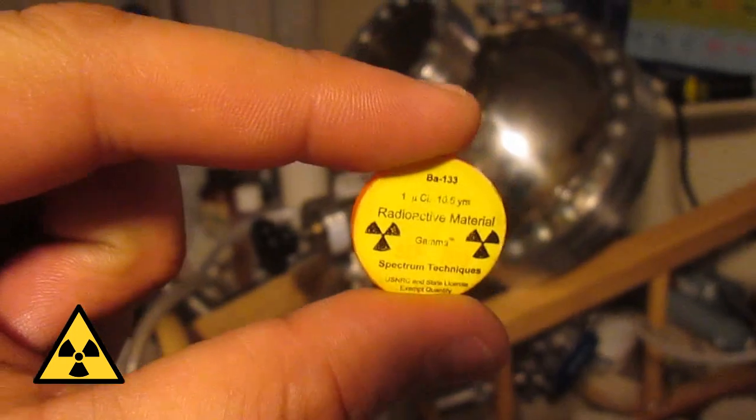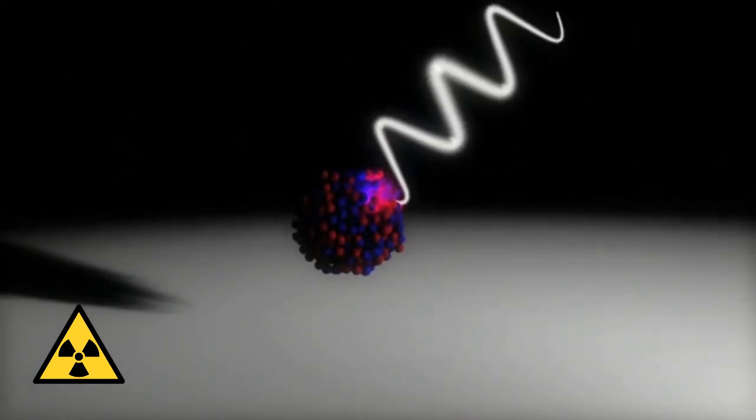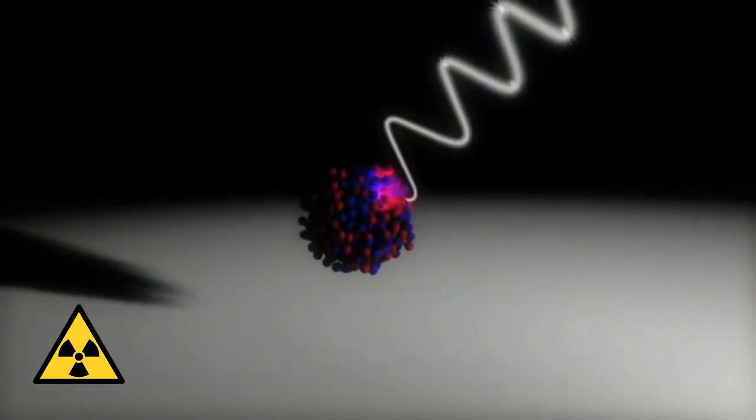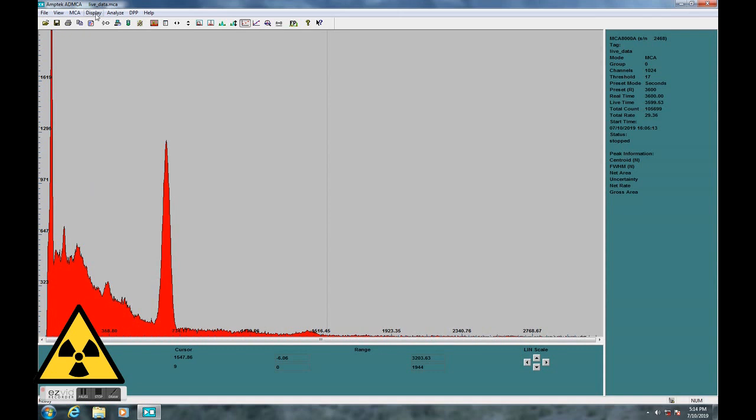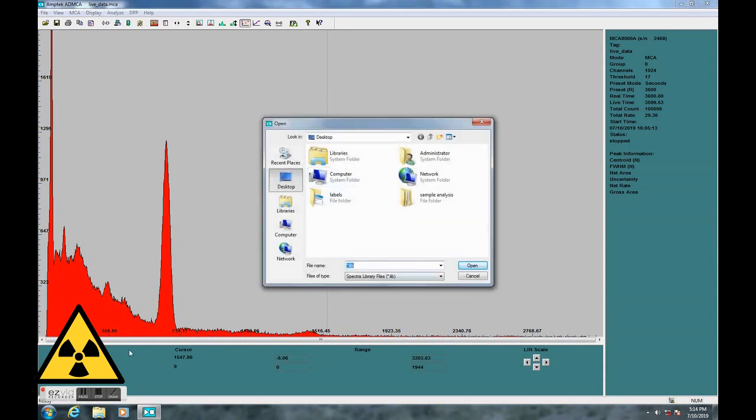Radioactive substances produce radiation with very short wavelength, called gamma rays. These photons have very specific wavelengths that permit the identification of said radioisotope. Here, cesium-137 with its lonely peak.